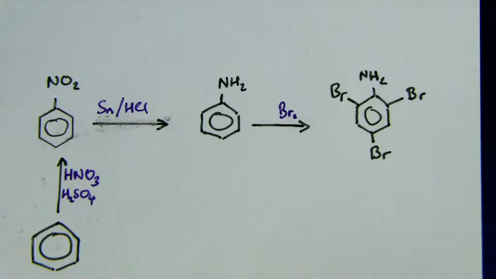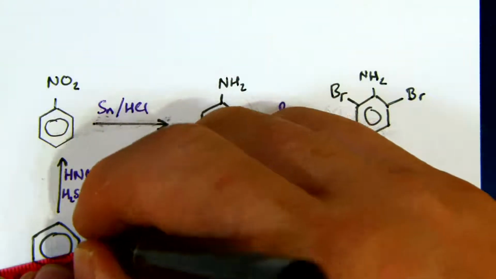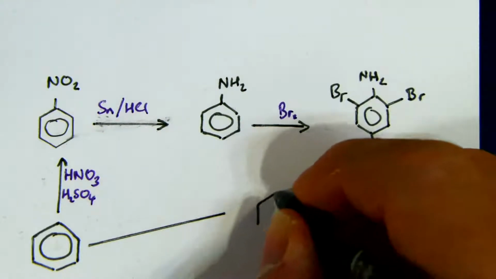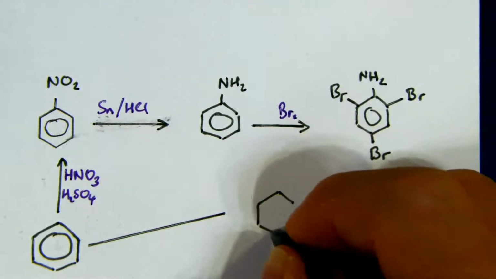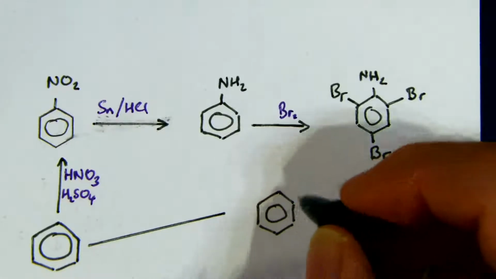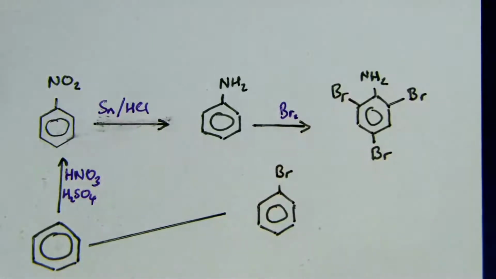There. Whereas had I just taken the bromine onto my benzene, then this would only have positioned it in one place.